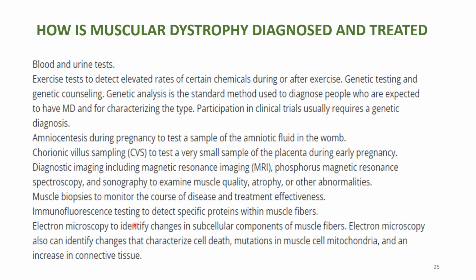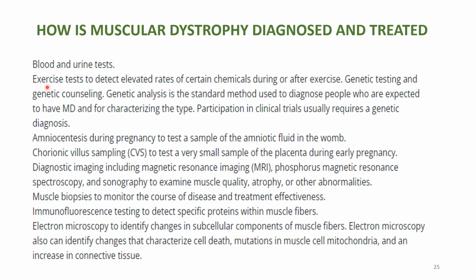Immunofluorescence test is for detecting specific proteins within the muscle fibers. Electron microscopy will identify the changes in the subcellular components of the muscle fibers. It can also identify changes in cell death, mutations in the muscle cell mitochondria, and an increase in the connective tissue component.